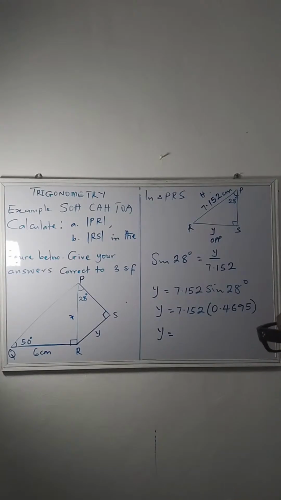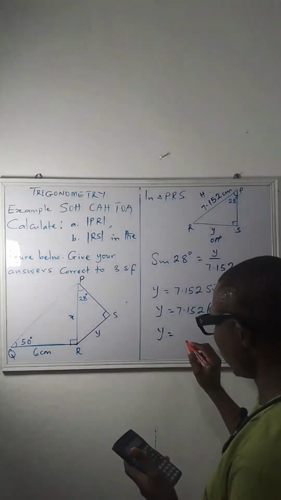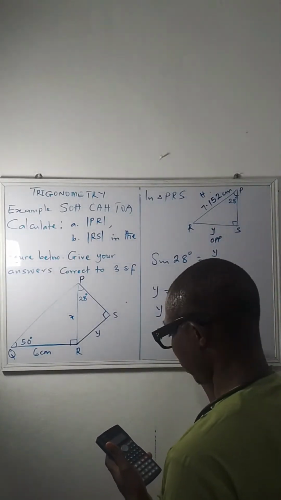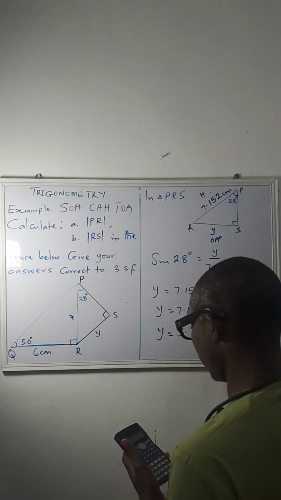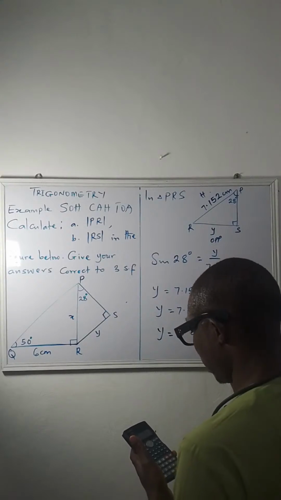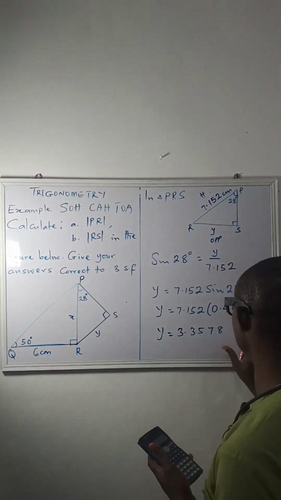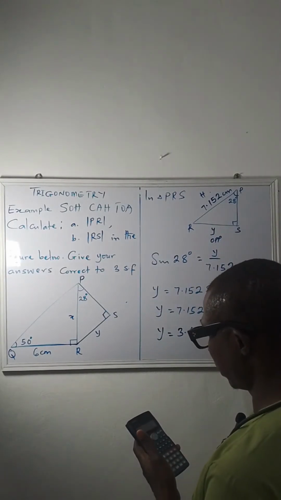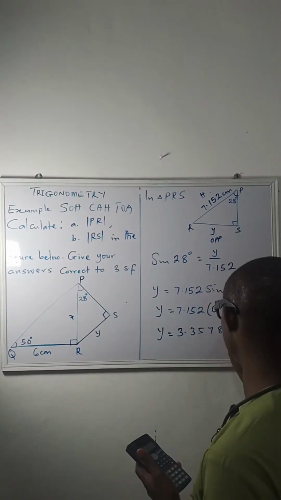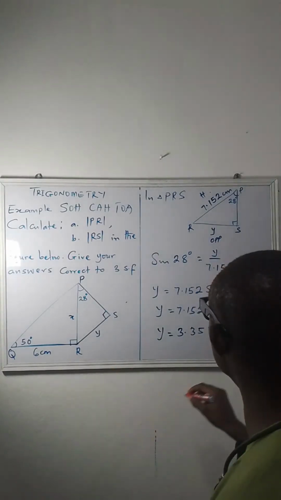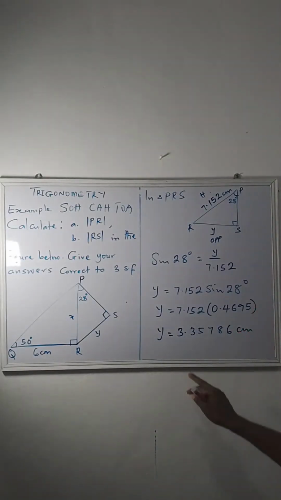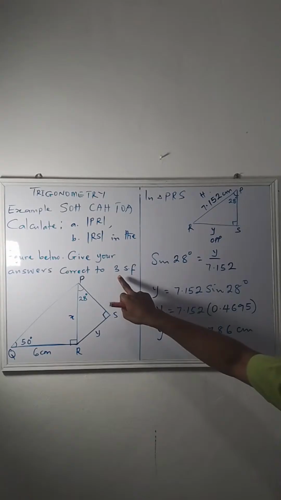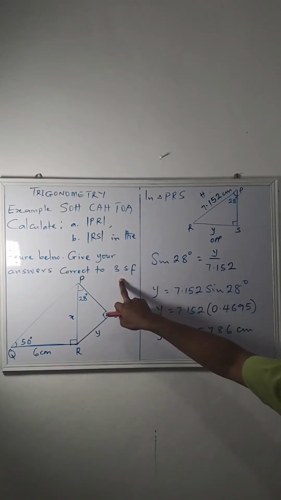Okay, if you multiply that, you'll be having 3.3578, or let's say 86, and that is going to be in centimeter. I have all this because I've been told to express my answer in 3SF.